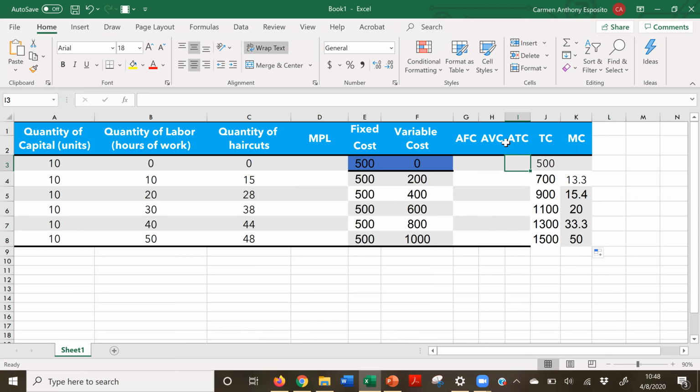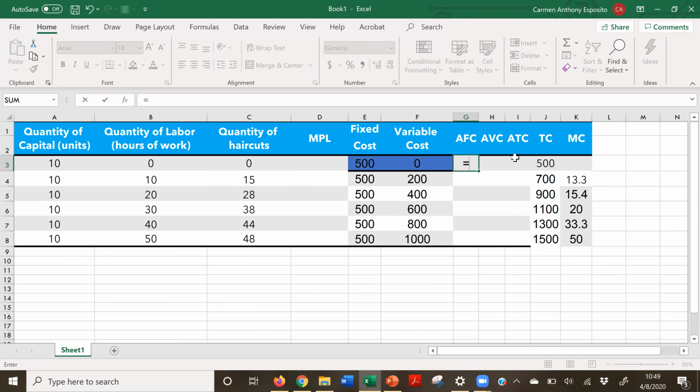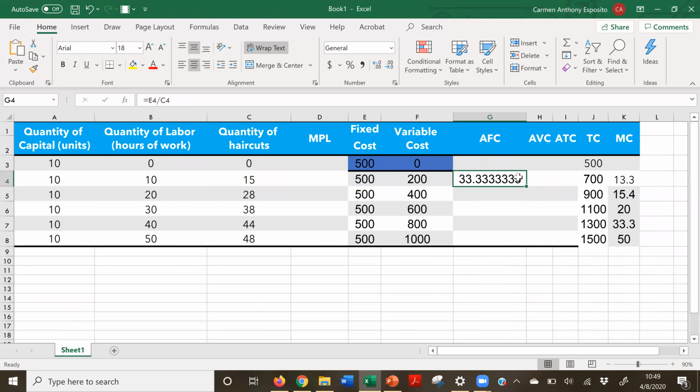Now we want to figure out these things. Well, to get our average fixed cost, remember it's taking your fixed cost, dividing by quantity. So in this case, 500 divided by 15 gives you 33.333.